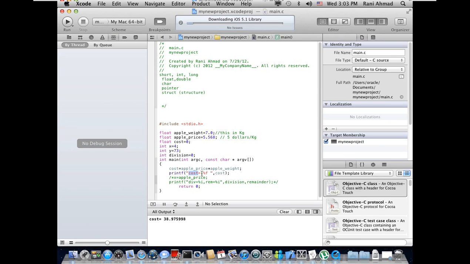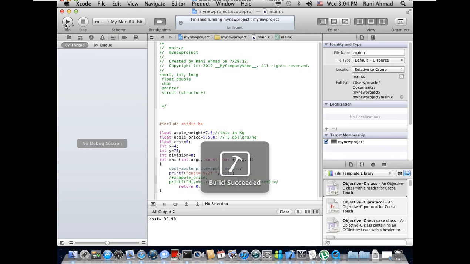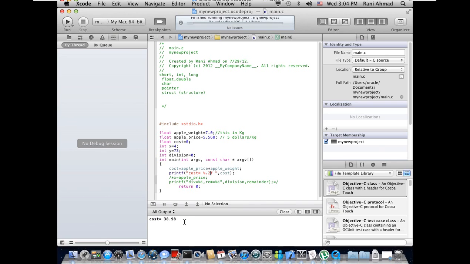Because cost is a float number, I put a %f here and print cost equals this, and therefore when I run it, I should get 38.9. Now if I also want just two decimals, I put %.2f, like here, and I get just 2 decimals after the decimal point.